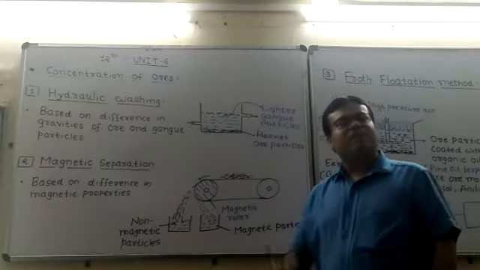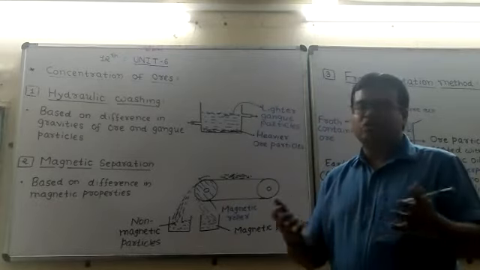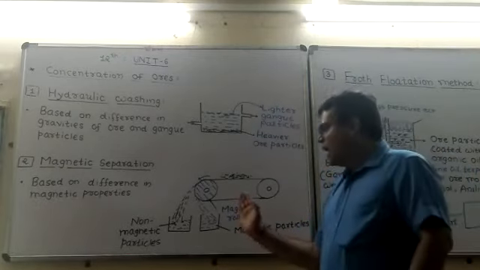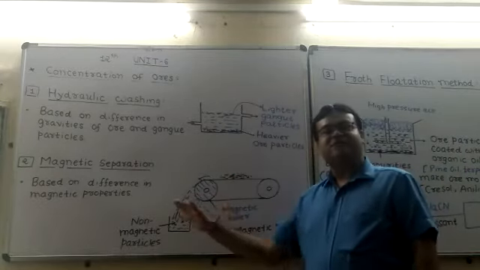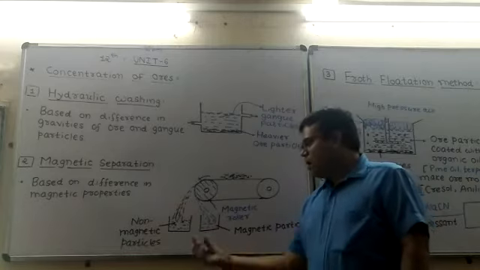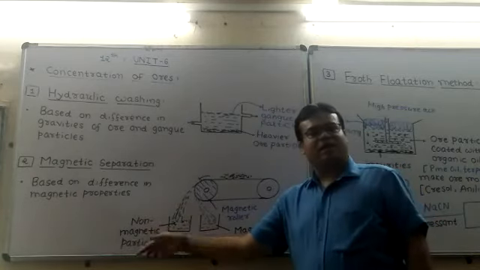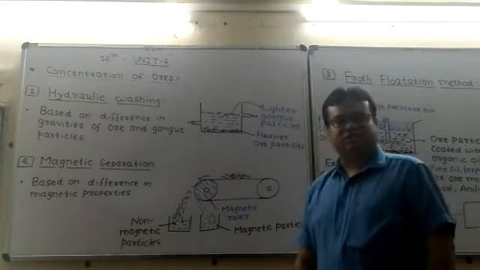Whereas the gangue particles are not magnetic, they do not have a magnetic attraction, and they move away from this particular magnetic wheel. And as a result, by the magnetic technique, we can separate out gangue particles, so overall ore is concentrated.